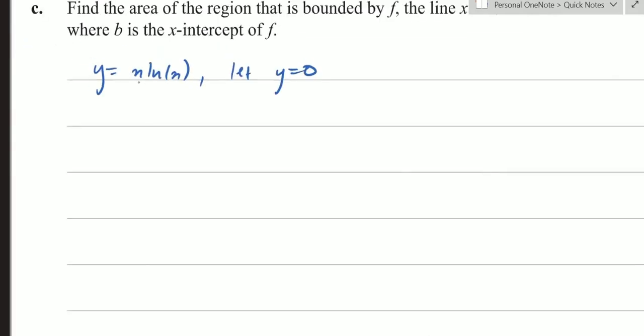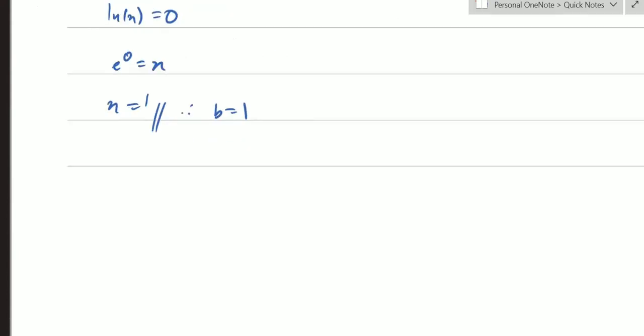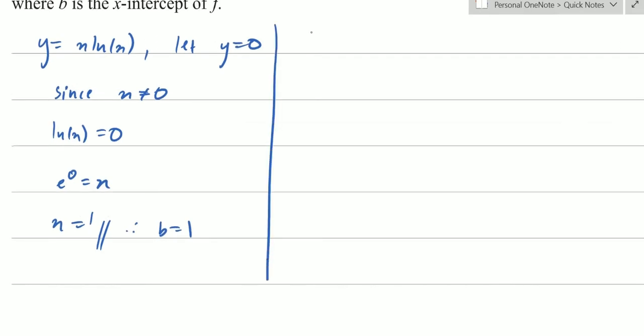So since x is not equal to 0, then ln x must be equal to 0, according to the null factor law. So e to the 0 is x, so x is 1. Therefore b is 1.